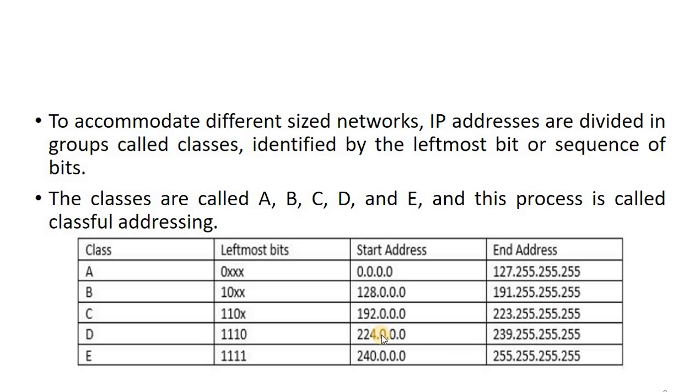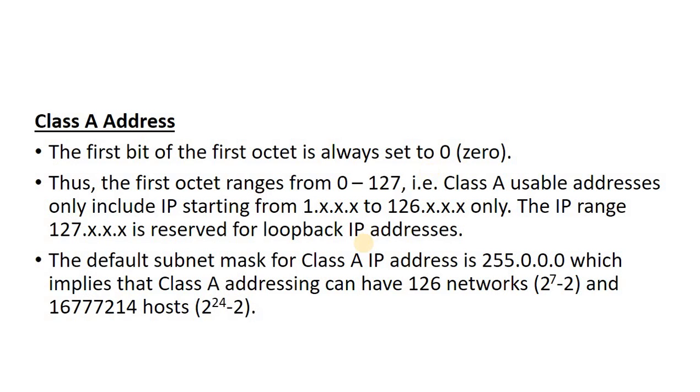Class D ranges from 224.0.0.0 to 239.255.255.255. And the last class of IP address, class E, ranges from 240.0.0.0 to 255.255.255.255. When we further investigate each class, we said the first bit of the first octet is always set to 0.